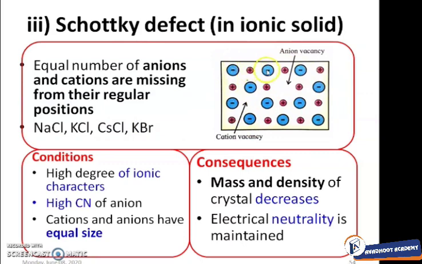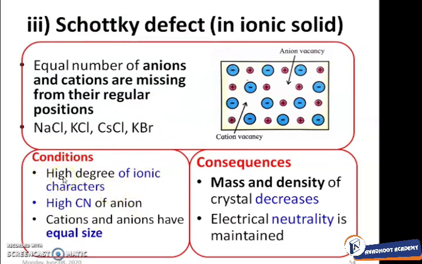Anions and cations are arranged regularly, but at certain places there is a vacancy of an anion and a cation. This is the vacancy of an anion, whereas here is the vacancy of a cation. So an equal number of anions and cations are missing from their positions. When equal numbers of cation and anion vacancies are created, the resulting defect is called a Schottky defect.